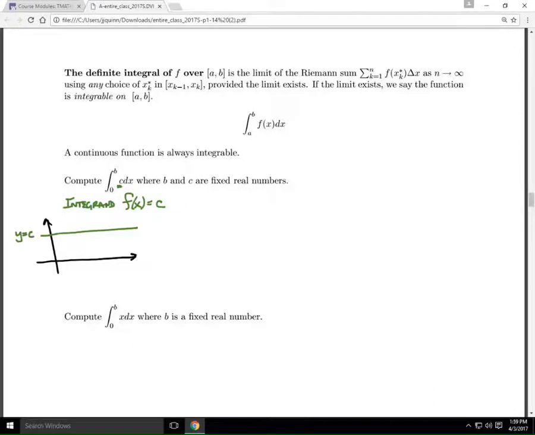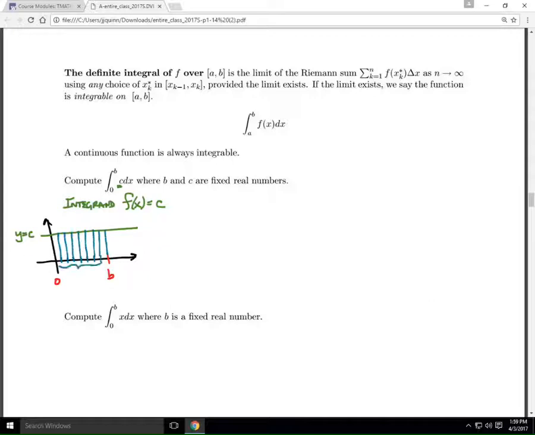Assuming that c is positive, we can draw it as the constant horizontal line at y equals c above the x-axis. Now our limits of integration go from 0 to b, so we are looking for the signed area between 0 and b underneath the line y equals c.